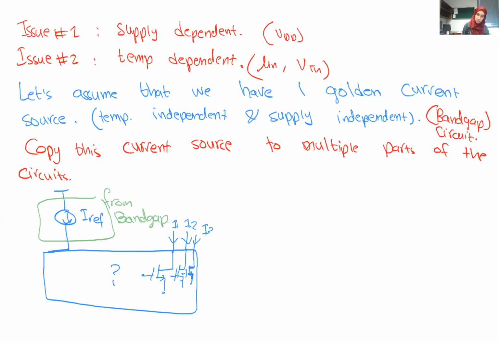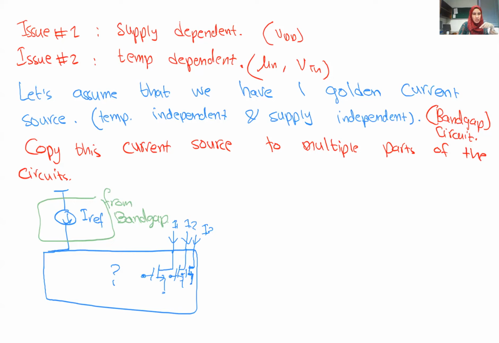Now, since these are current sources, what should I do with them in order to set their currents to equal multiples of IRF? How can I control it? What do I have control over?